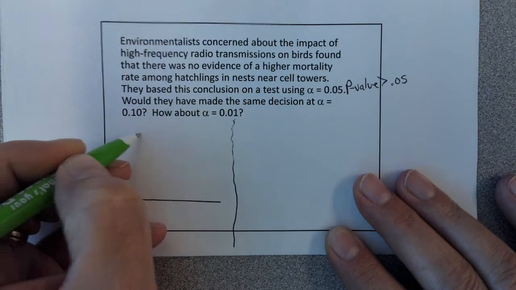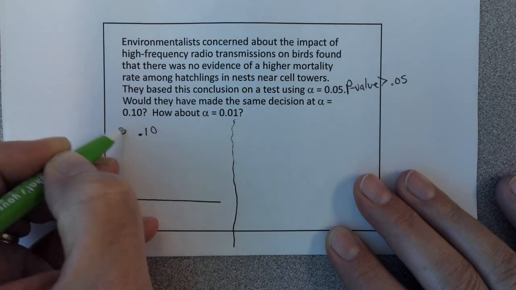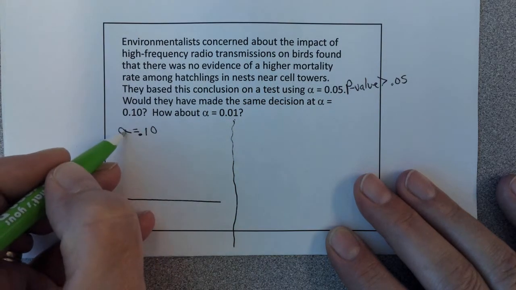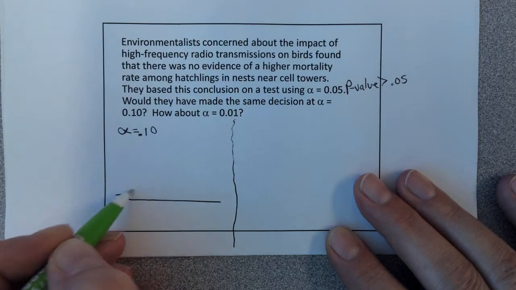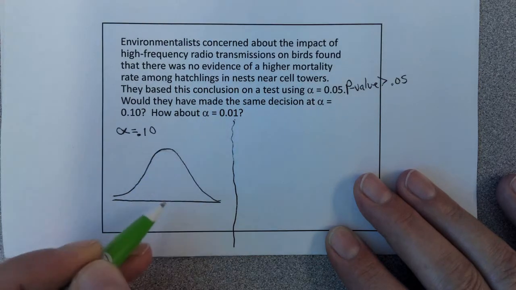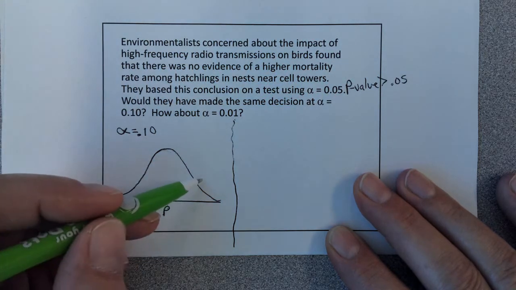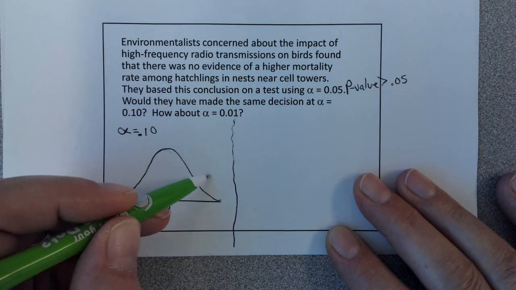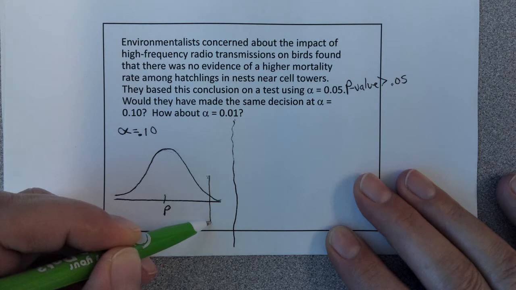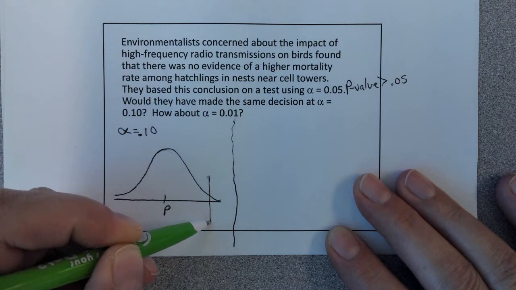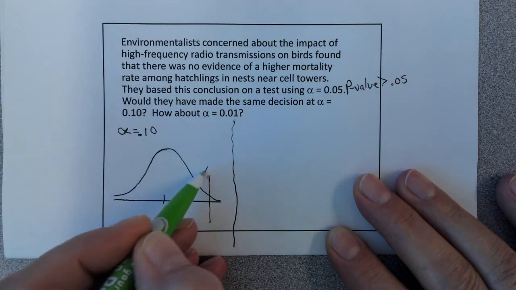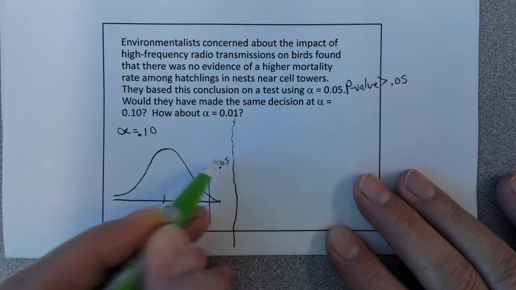At 10%, 0.10 alpha level, we have a normal curve with some proportion p that we don't really know. And at the 5% alpha level, I'm looking in the upper tail because I want to know if there's a higher mortality rate, so we only care about the top half. That's alpha equals 0.05.